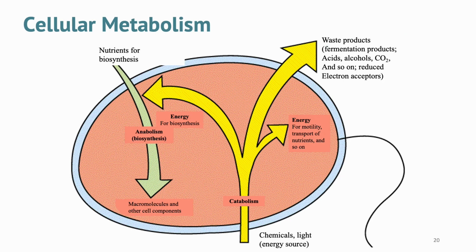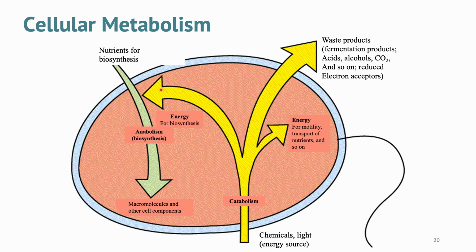So jumping into the cell itself, these processes of catabolism and anabolism. The nutrients for biosynthesis are used in anabolism to create macromolecules for the cell. Catabolism, which uses light or chemicals as an energy source, will break bonds, and this energy release will be used for motility and transport of cell nutrients.